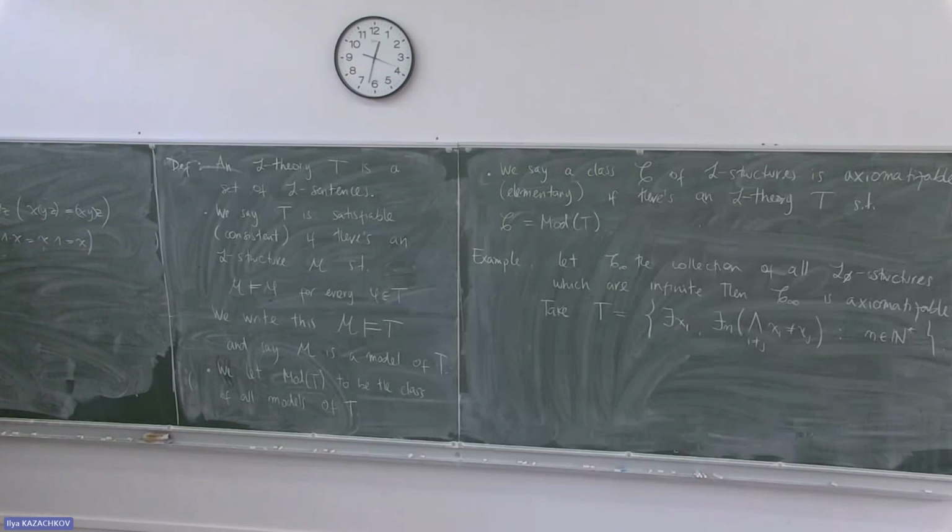We need to say this is a conjunction, or our theory might just contain these axioms. It doesn't matter; in this case there are finitely many, so I might put just one axiom with conjunctions or divide them into several sentences. And I need to say that for every x, x times x inverse is equal to 1. Am I missing an axiom of the theory of groups? I think that's everything, right?